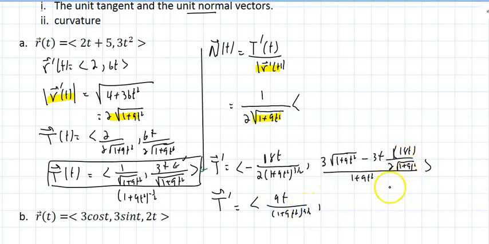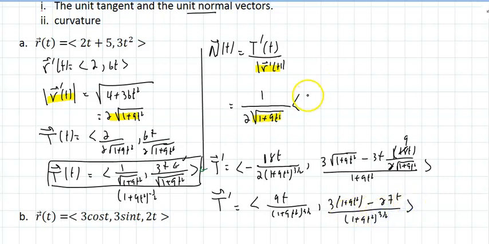And here, if I get a common denominator, that is 6 into 1 plus 9t squared minus, oh, I could have saved myself some work. 2 divides 9 times. So it's 3 into 1 plus 9t squared minus 27t all over 1 plus 9t squared to the 3/2.